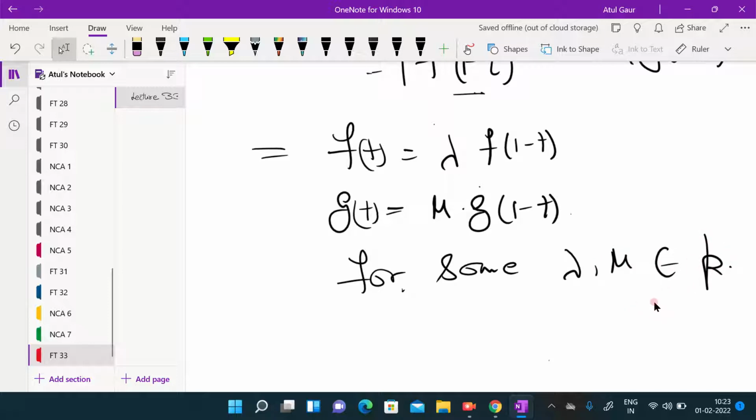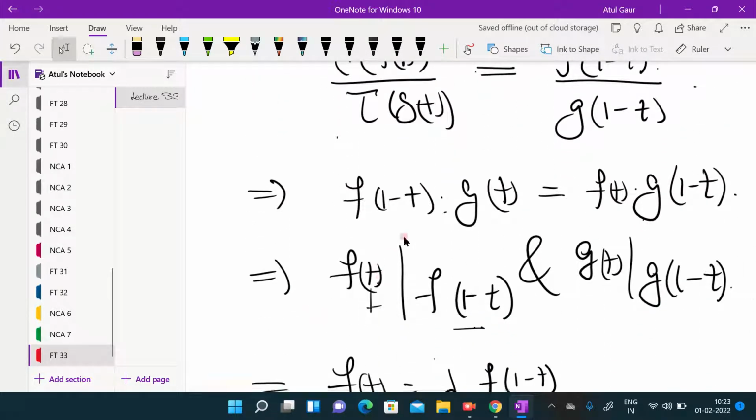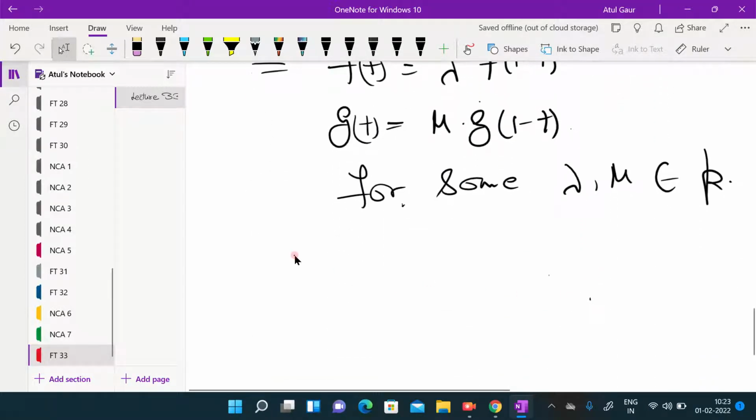Okay. ठीक है. So up to here, exactly the same argument we have used earlier. So when you substitute these into this equation, you will get lambda equals mu.